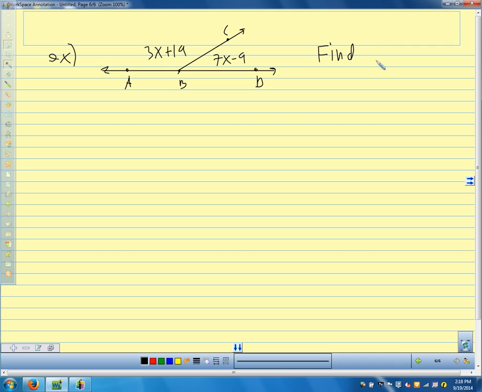So this is what we have, and we want to find the measure of angle ABC and the measure of angle CBD.